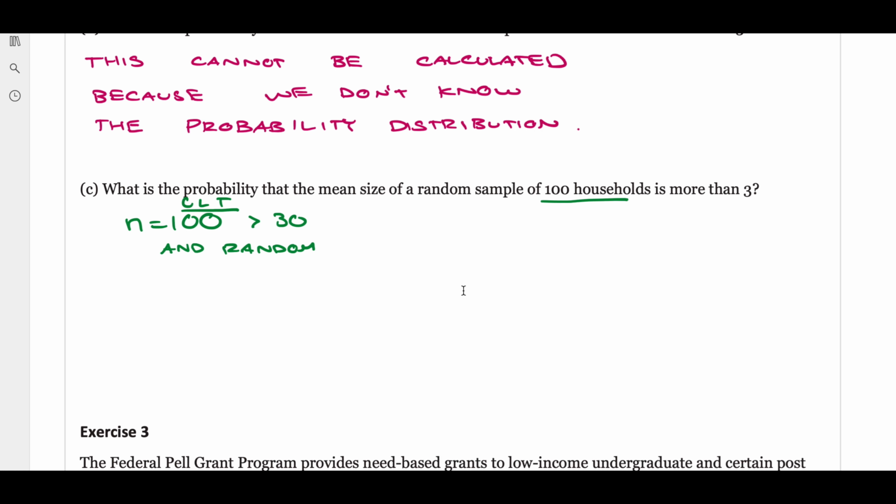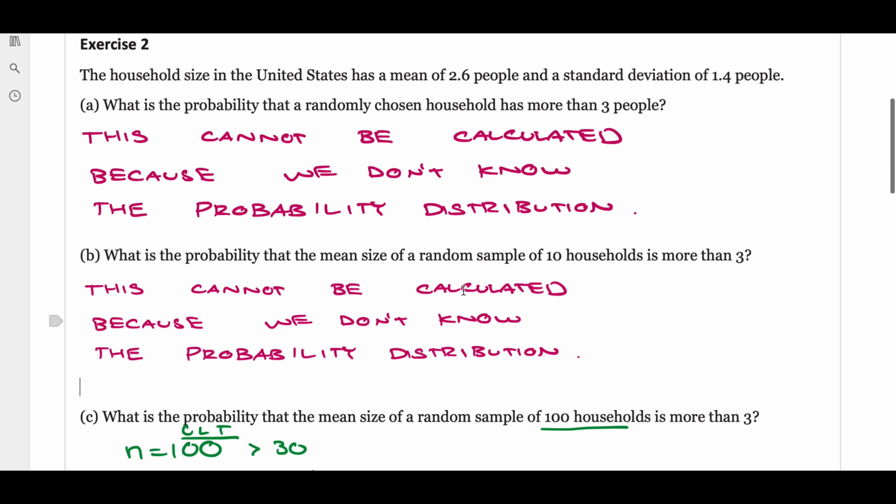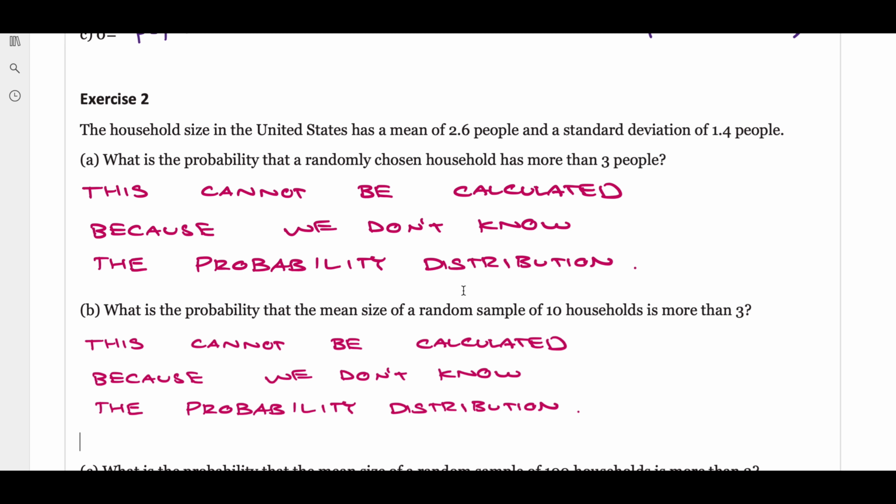The central limit theorem says the mean of this distribution will still be 2.6. Remember, 2.6 is the mean that is given to us right up here. So I'm going to put a little note there that this is the mean of the sample means, which is the mean of the population, 2.6.